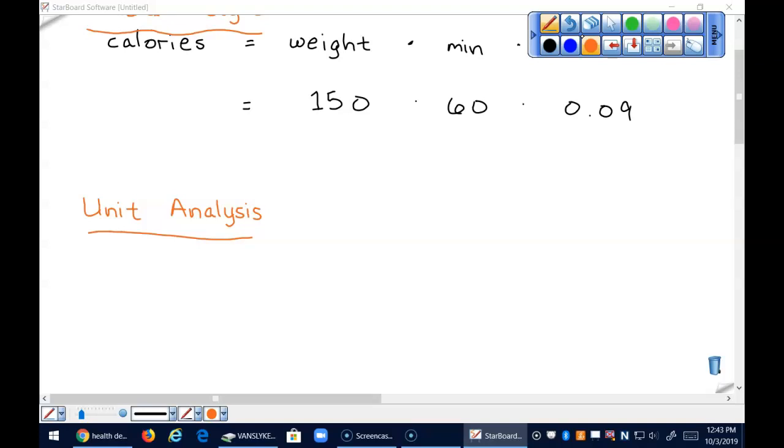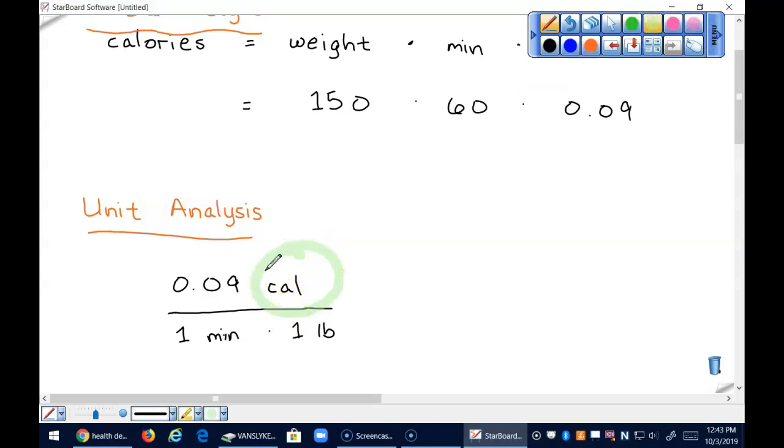So how unit analysis works is you take a number and write it down. In this case, we're starting with the 0.09 calories per 1 minute and 1 pound. We know we're running. That's sort of the running fraction. Right? Then I say, okay, what I want is my calories.